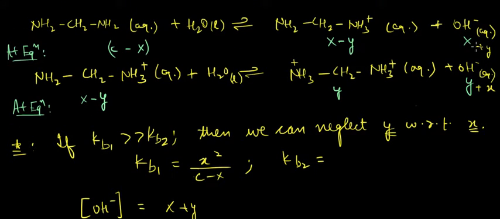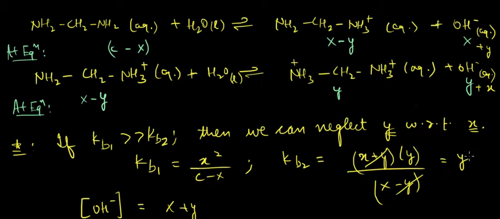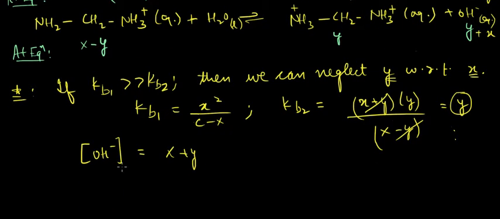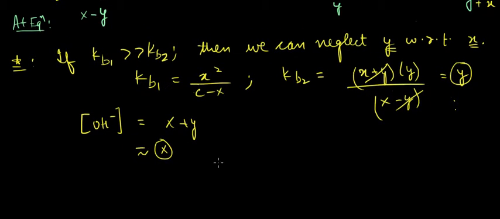So this would be X plus Y. So Kb2 would be X plus Y times Y divided by X minus Y. So X minus Y and X plus Y get cancelled out, so this should be Y. Okay, so the OH minus concentration would be X plus Y, and this would be nearly equal to X, as Y is negligible with respect to X. So here also the first step decides how much basic solution would be formed. The first step is the decider step.